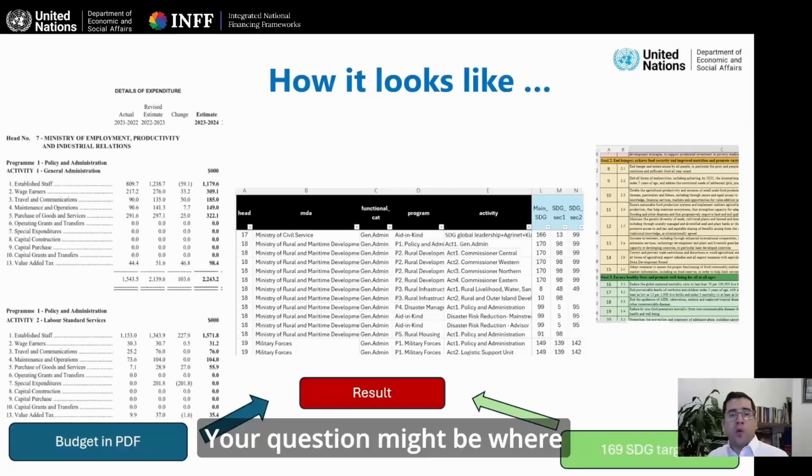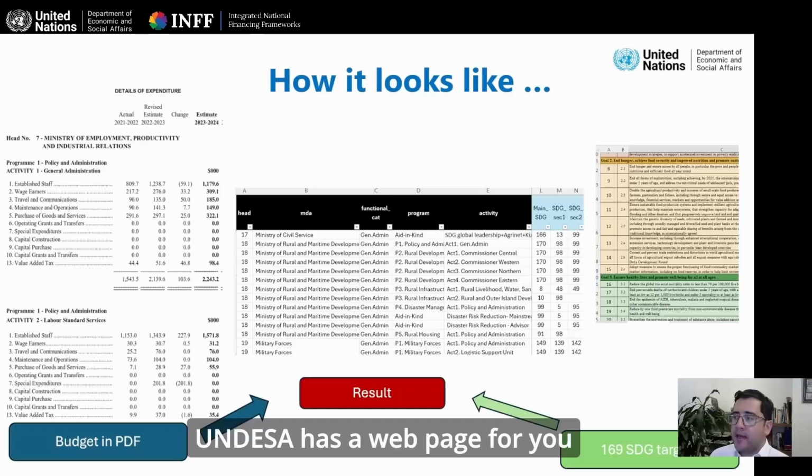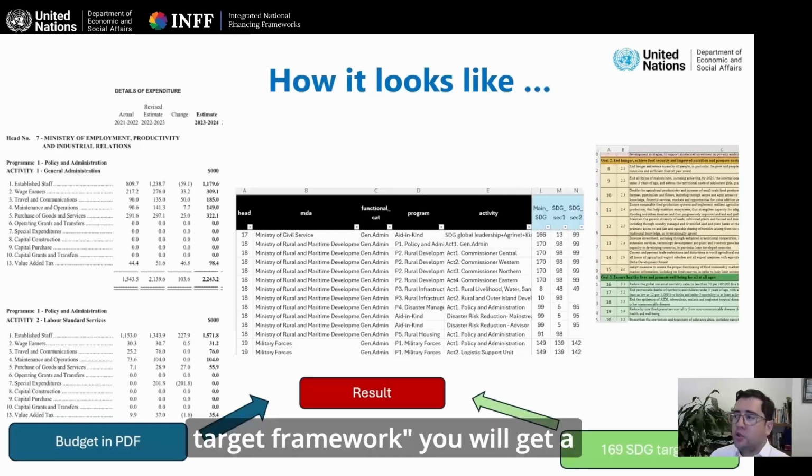Your question might be, where can I get that information? The answer is very easy. UN DESA has a web page for you to look at. If you Google UN DESA SDG target framework, you will get a downloadable version of all 169 SDG targets, including suggested indicators to measure.